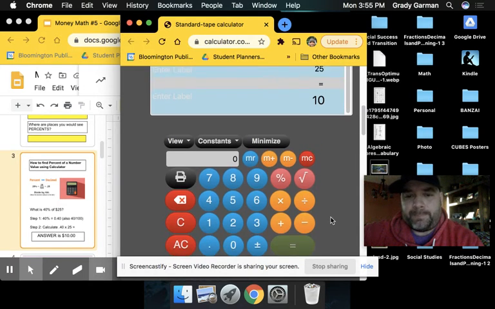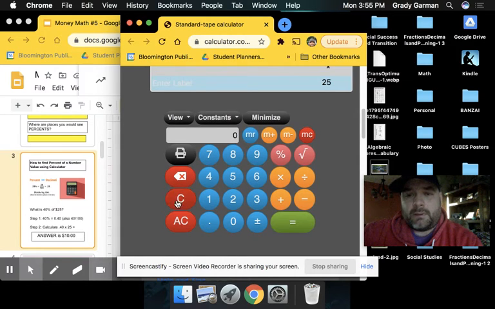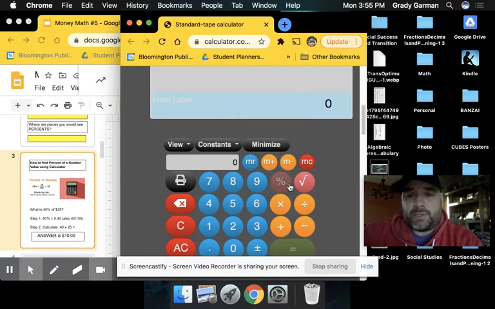Another way to do it, I'm going to go ahead and clear it. Another way to do it is to use this button here. So 40, and this button is percent, so it will automatically do the math for you. You can just press 40%, and then do the same thing, times 25.